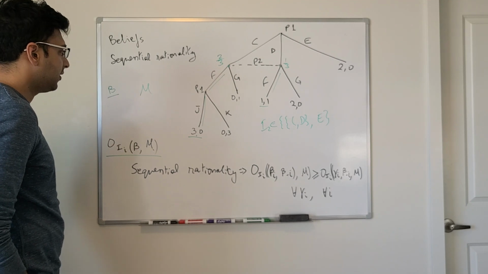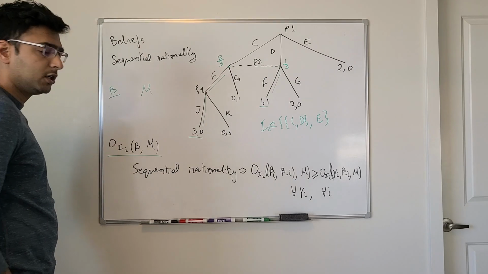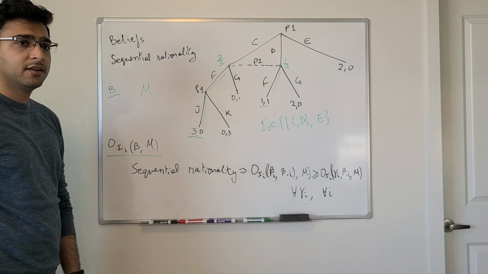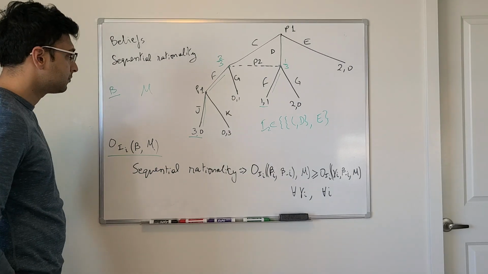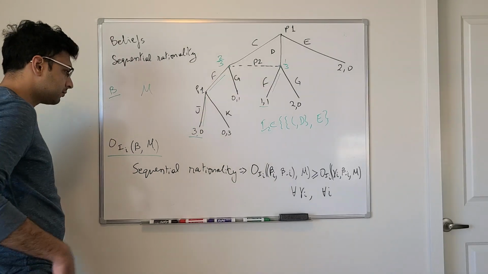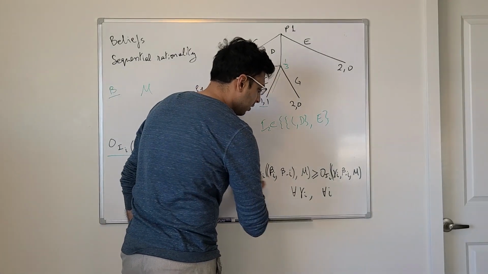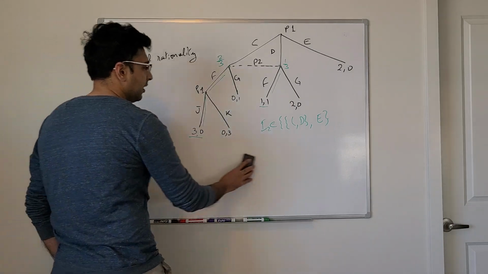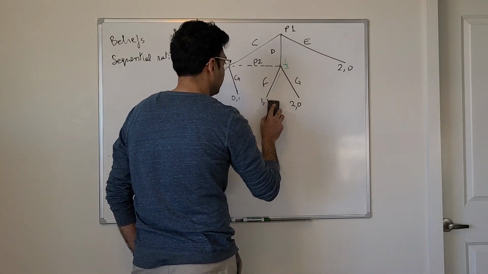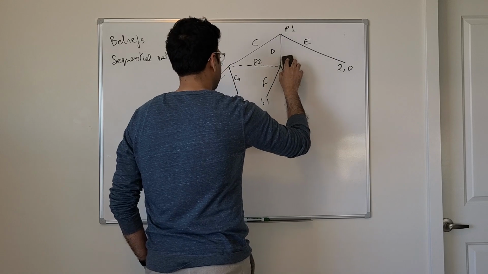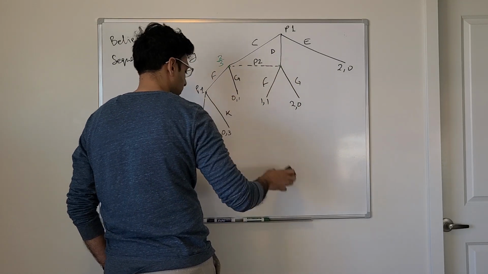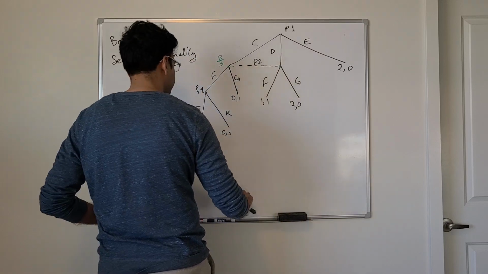So how do we find an equilibrium? We use basically the same sort of techniques we used when we were thinking about subgame perfect equilibria. Right? I'm going to erase this for now.